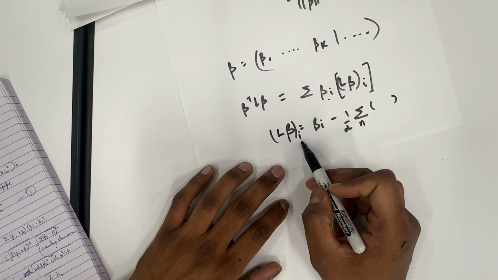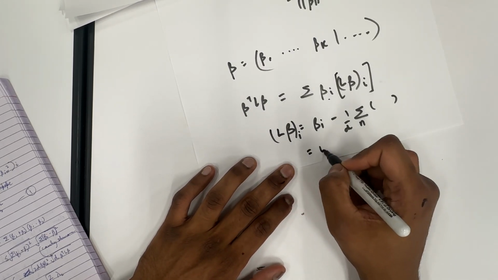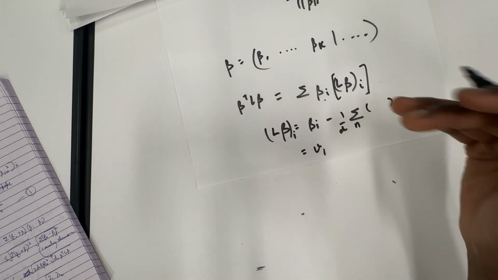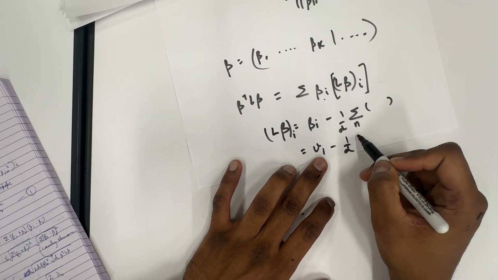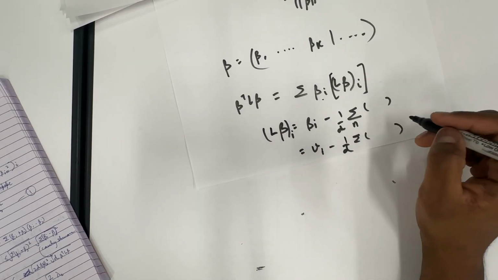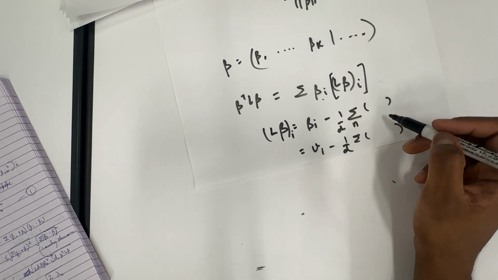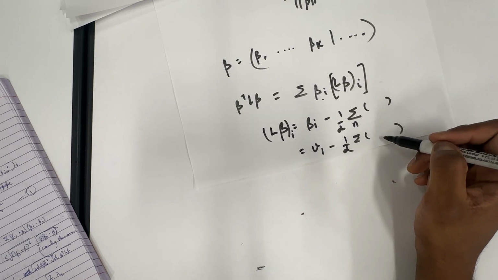Now if I'm looking at the first k elements, beta i is the same as v of i, the actual eigenvector which has the lambda eigenvalue, minus 1 over d sum of my neighbors, which are in the beta zeroed out fashion. Now if some of them were 0, this number could have only gotten higher.